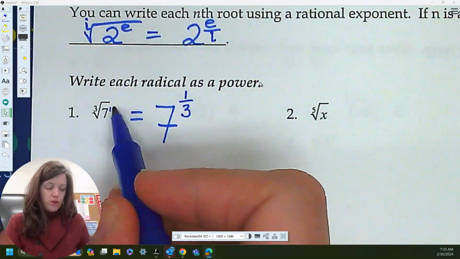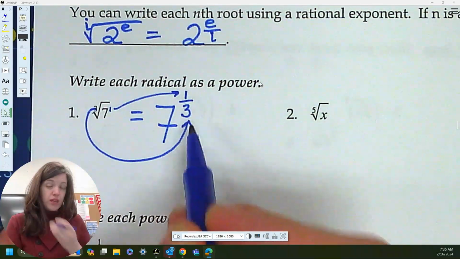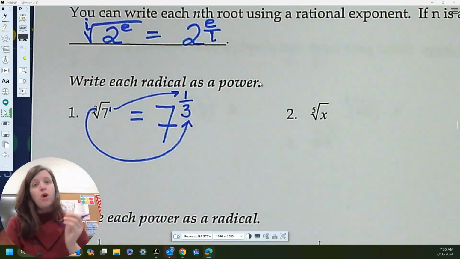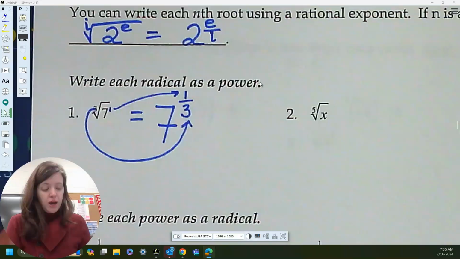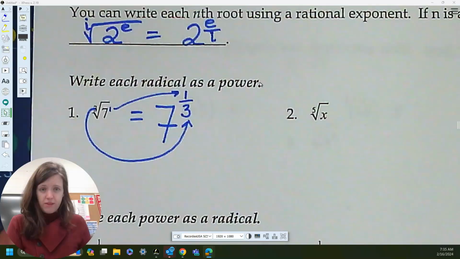So that exponent goes on top, and the index, the number on the radical symbol, goes on bottom. So 7 to the 1/3 power is the same as the cube root of 7.